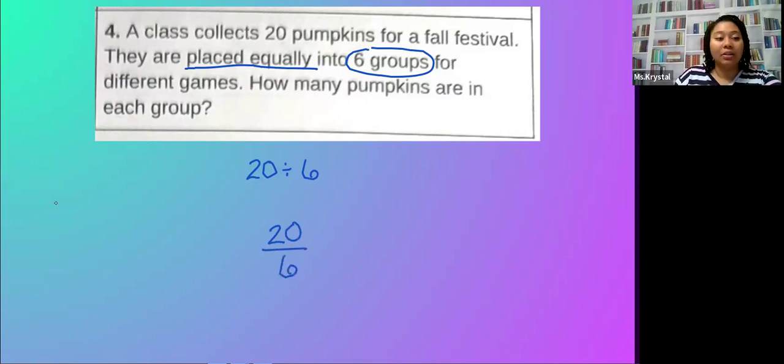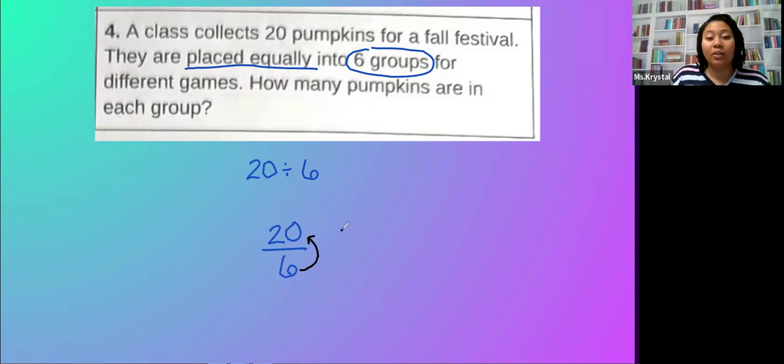Now we say to ourselves, this is an improper fraction, and we've got to turn it into a mixed number. So in this case, how many times does 6 go into 20? 6 times 1 is 6. 6 times 2 is 12. 6 times 3 is 18. 6 times 4 is too big, because 24 is going to be over.